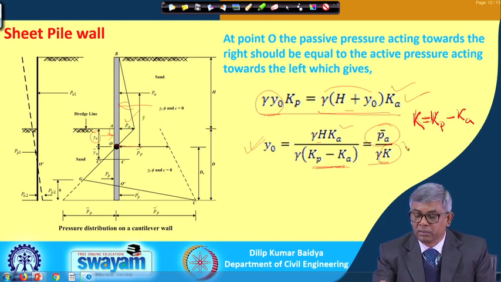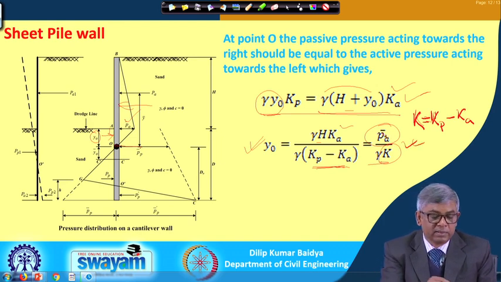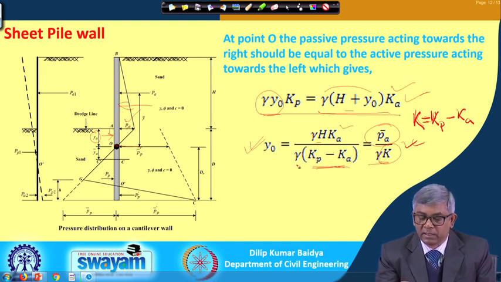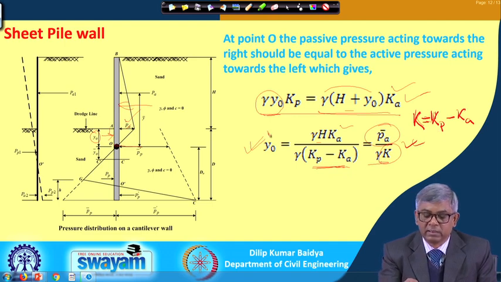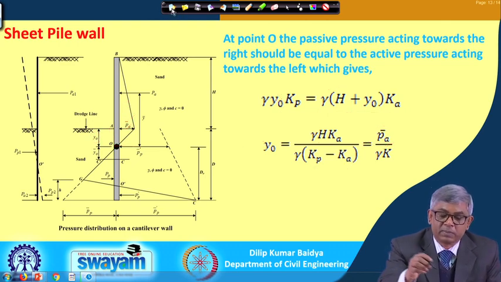So, if I can calculate the active earth pressure at this point, and divide it by gamma times K p minus K a, then I get y naught. That is the first parameter obtained.